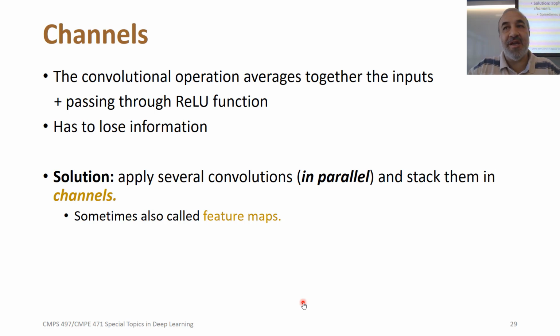Because we want to get attention in different ways, different representations of attention, by applying multiple heads. This is a similar idea. Actually, this idea precedes transformers. CNNs are there before even transformers. So we will see now that we apply multiple kernels in parallel and stack them in channels. We call them also feature maps. Let's see how this is done.